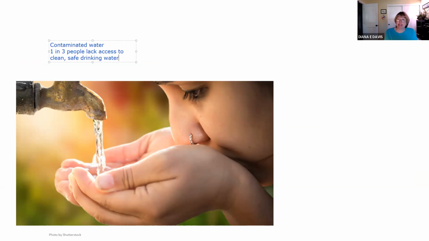This is one of the things that makes me mad, though, because there are places that do not. And they're usually places with primarily what we call the minority people. So you may recall the Flint, Michigan water crisis a few years ago. Flint, Michigan is largely African American. We also see this in places where there's extreme poverty.